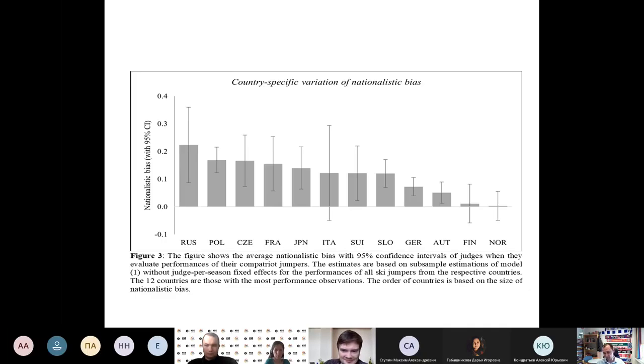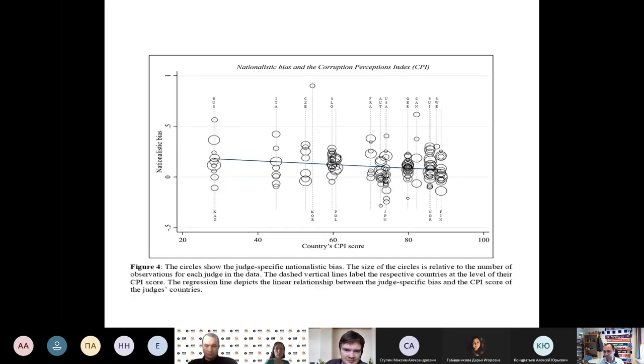And then, because I have another paper on corruption perceptions index, straight away I said, okay, let's see the correlation between the size of the bias and the corruption index. And we can see here that there is a pretty significant slope.